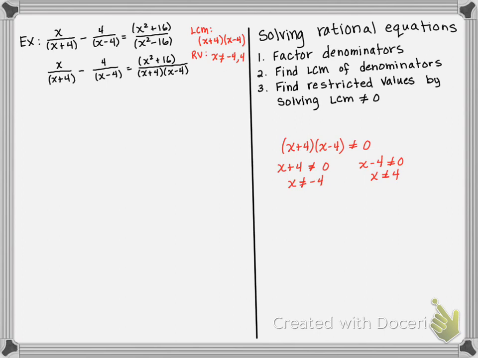That confuses me a little. Okay, what's confusing about it? So, with our restricted value, we just told ourselves that no x value that makes our LCM 0 is okay. Your LCM is x plus 4 times x minus 4. The value of that changes depending on what the value of x is. We're just saying x can't be anything that makes it 0.